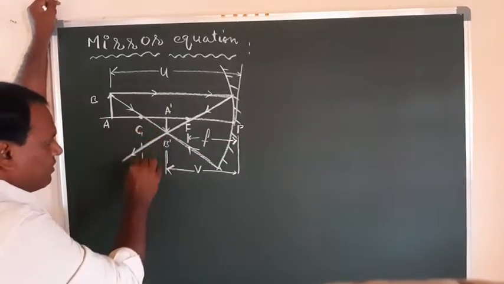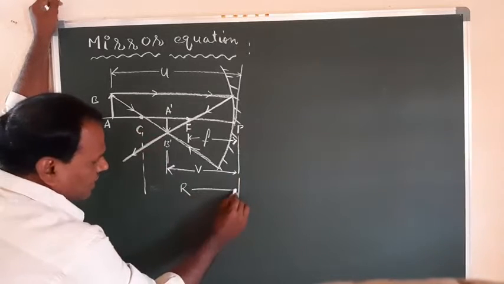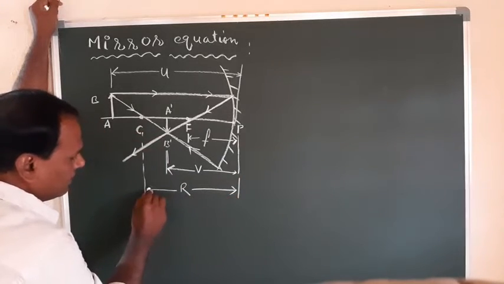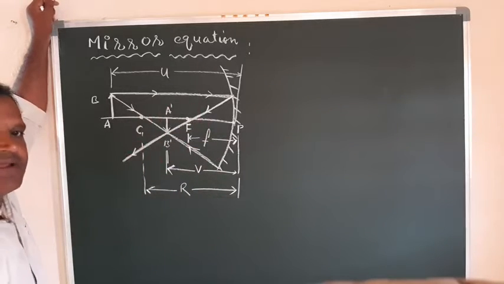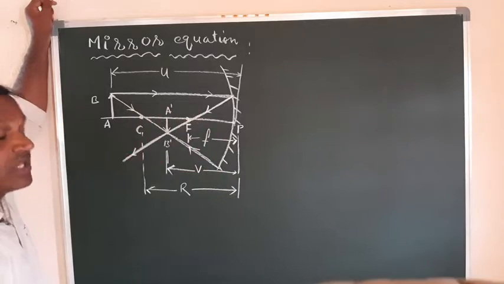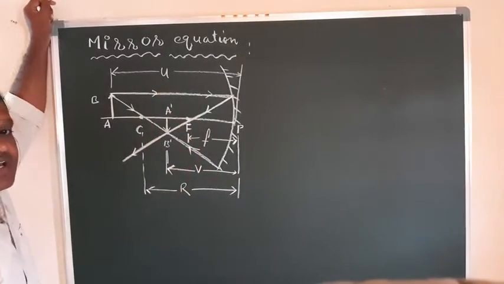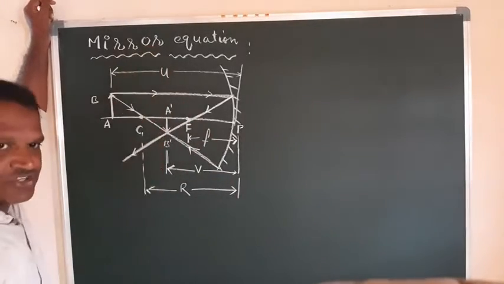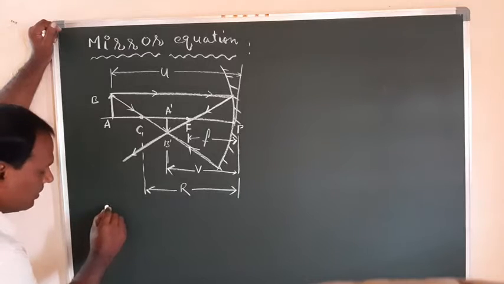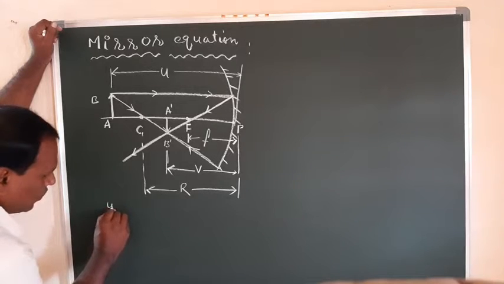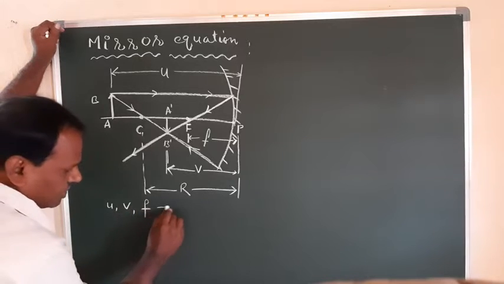And from center of curvature to pole is the radius of curvature, represented by capital R. So this is the ray diagram we drew in order to get the relation between u, v and f. That relation is nothing but the mirror equation.